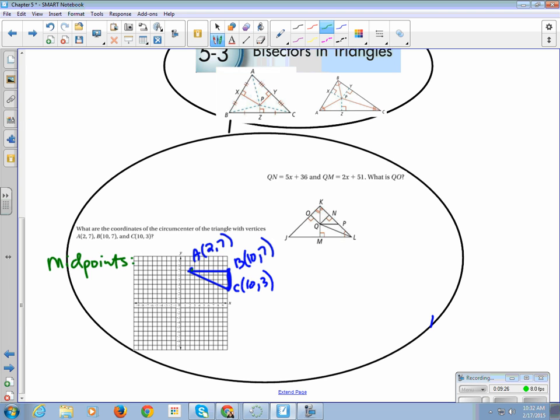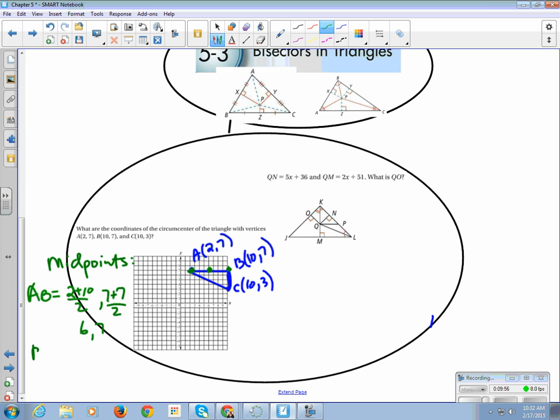So what is the point halfway between A and B? If you take your x coordinates and add them together, and your y coordinates and add them together, and divide each of those items by 2, you get 6, 7. And if you look at it, yep, that right about makes sense.